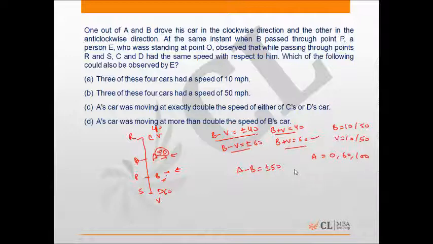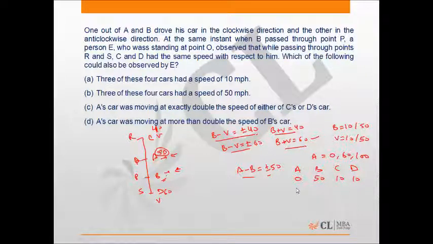Now see, speeds of A, B, C, D can be what? If I take A as 0, B has to be 50, right, in this case. And when B is 50, V has to be 10, and so this is one of the cases.